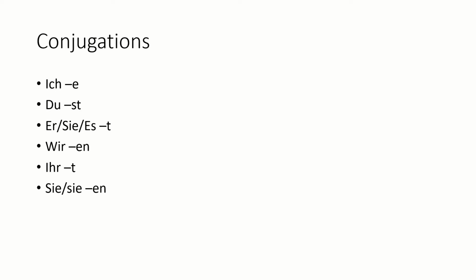So now the conjugations. For each personal pronoun, there's an ending that goes with it when conjugating verbs. This is very important to know because all regular verbs follow these same rules. For ich, you'll add an e to the end of the stem.